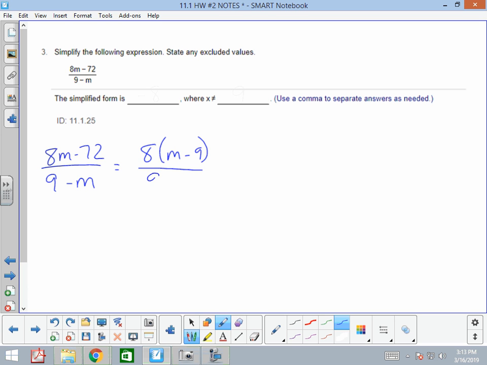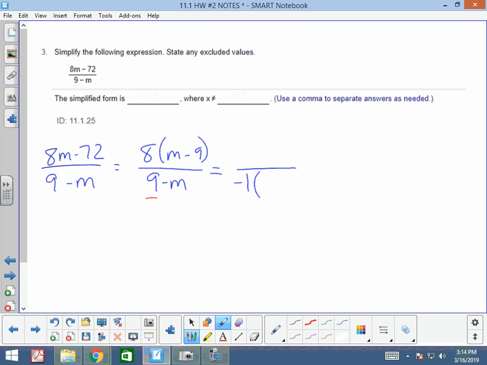Now, notice that m minus 9 in the numerator and 9 minus m in the denominator are opposites, because the top m and the bottom m are opposites, and the negative 9 and the positive 9, those are opposites. So what we're going to do is take the denominator, and I'm going to factor out negative 1. So when I factor out negative 1, remember that means I'm dividing both terms by negative 1. And so that's negative 9 plus m.